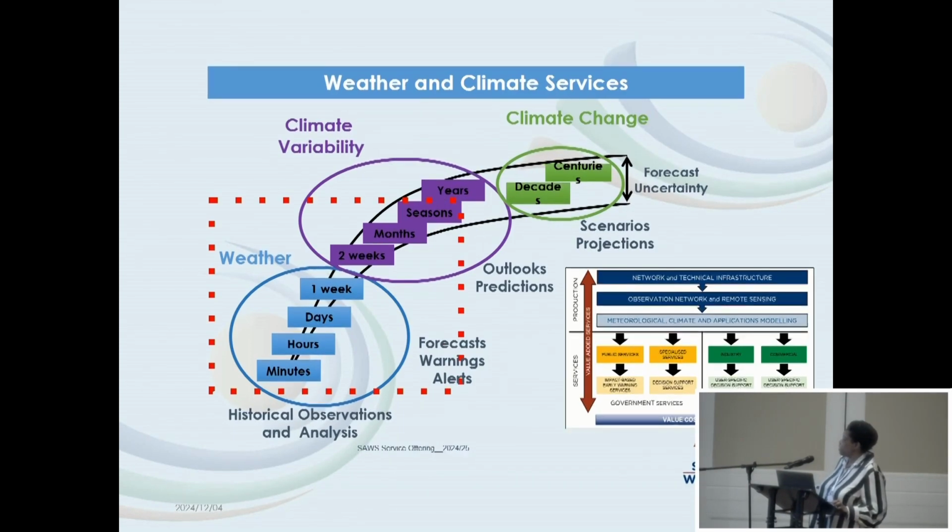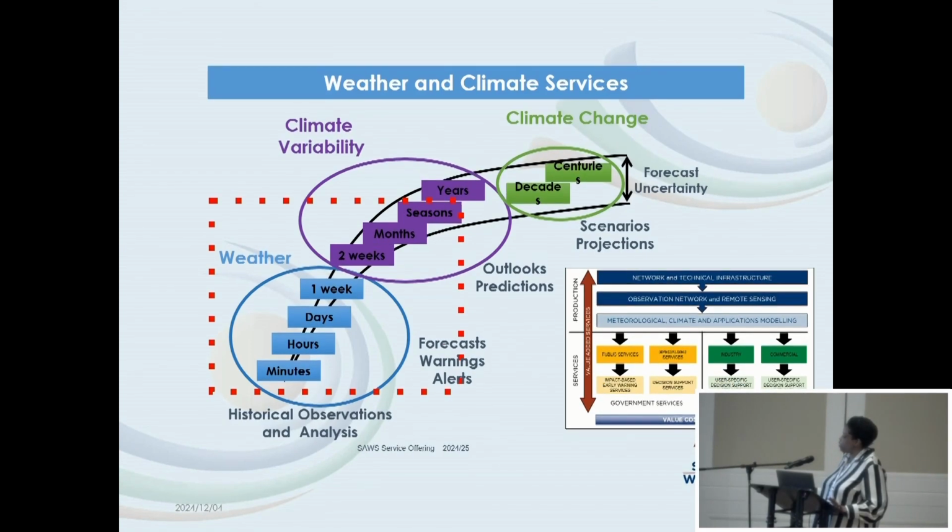It starts from the network and technical infrastructure. For everything with us, you need to have a very well-maintained ICT infrastructure, as well as the technical infrastructure, and it will go down to your observations. So we have an observations network. Across the country, we have a number of stations, both observations and remote sensing stations. I will divulge this later on in my presentation.